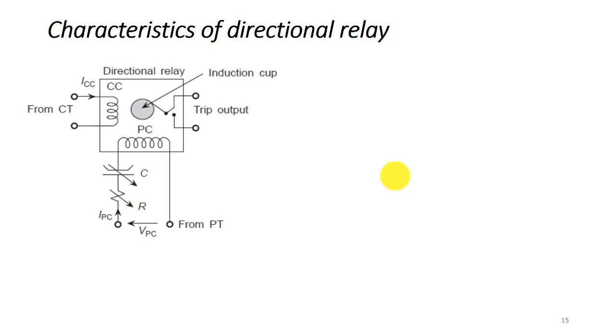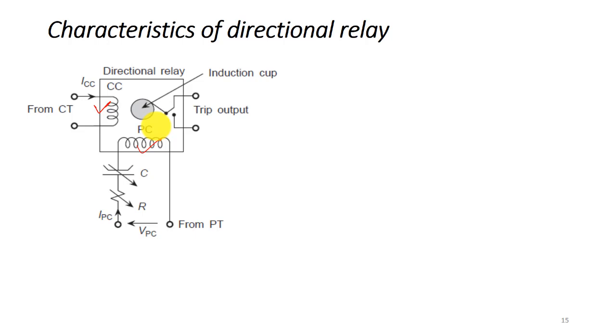Okay, so let us see the characteristics of the directional relay. Unlike the overcurrent relay, the directional overcurrent relay has two coils. One is your current coil and the other one is your pressure coil, or we call it the voltage coil, right? But in the case of the normal overcurrent relay, we only have the current coil.